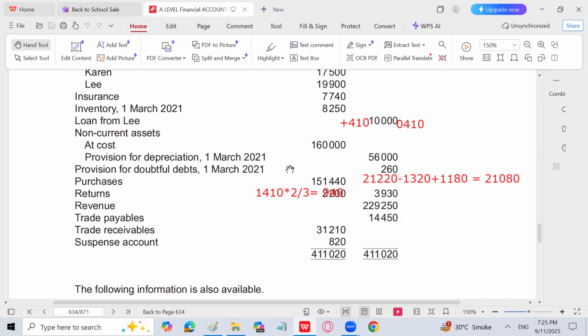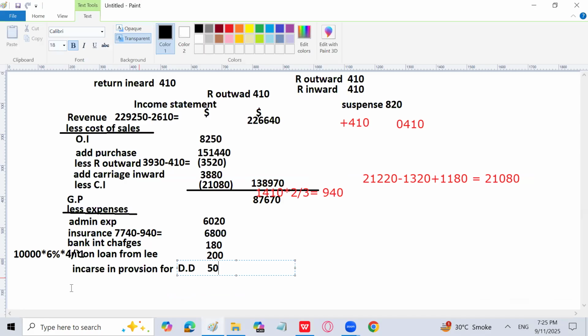So that is going to be 20,800. So I will write here depreciation on non-current asset, 1,04,000, because it's a diminishing balance method at the rate of 20%. So the answer is going to be how much? 20,800.